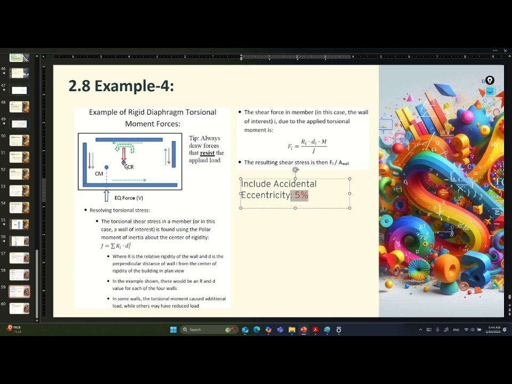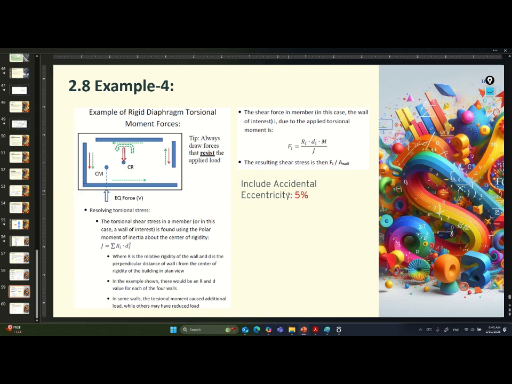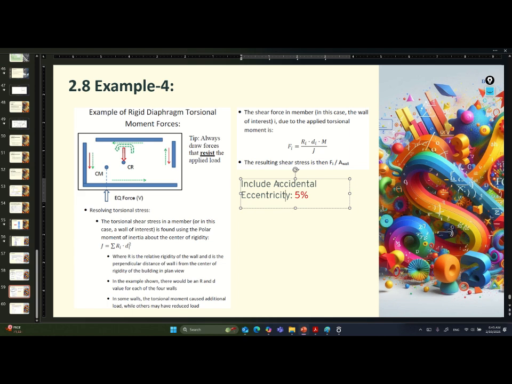So after getting the center of rigidity and knowing the center of mass, if he is not giving it to you, then you will have to consider it in the middle of the structure, and of course calculate the torsion generated from the inherent torsion. And of course consider the accidental eccentricity, which will increase the shear force on the corresponding walls that you need to carry.